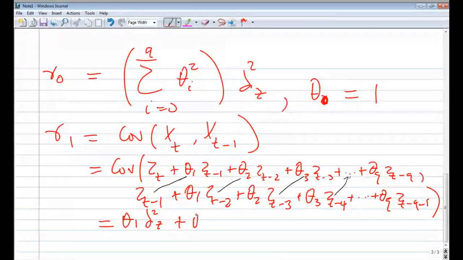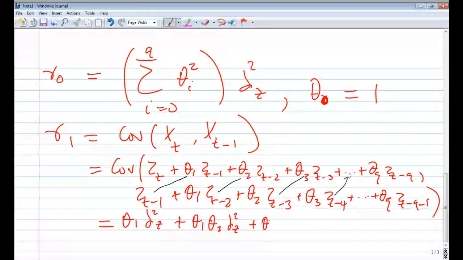Then plus theta 2 theta 3, the covariance of zt minus 2, zt minus 2, is theta 2 theta 3 sigma squared z.